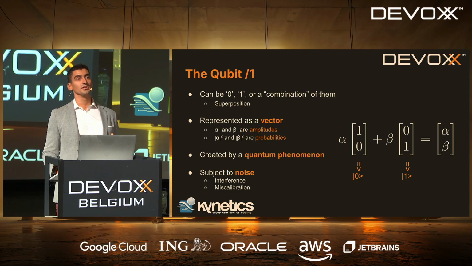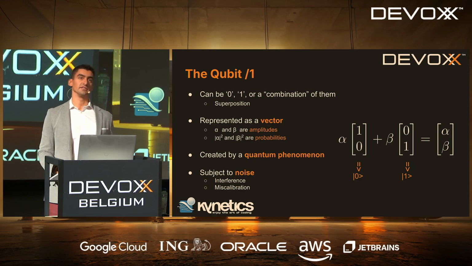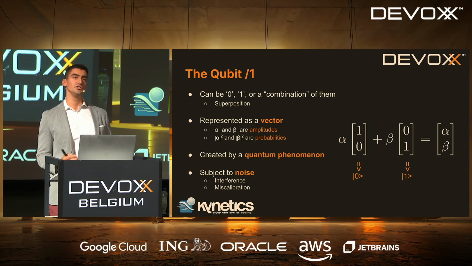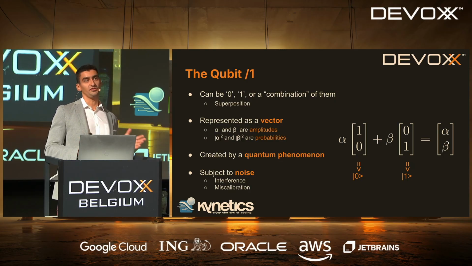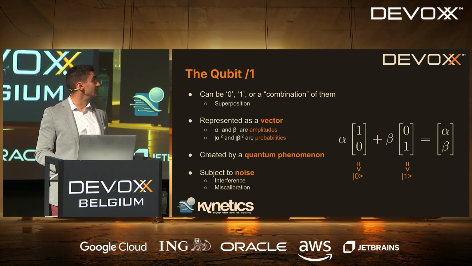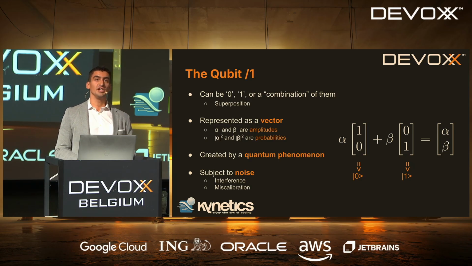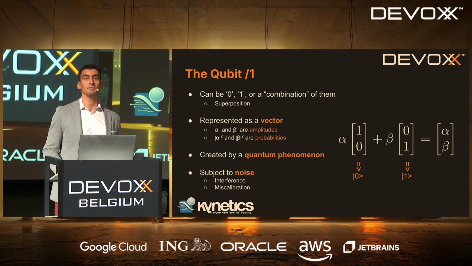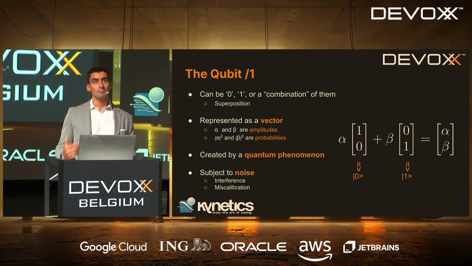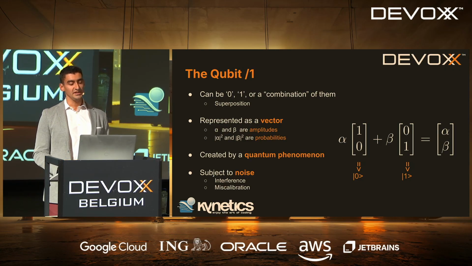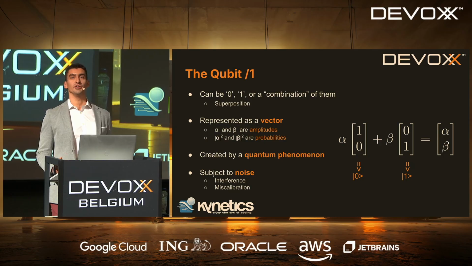But qubits can also be in a superposition state. Now, some people say that this means that the qubit is at the same time 0 and 1, which you can almost see from this part of the equation. This is not really clear to me, because a qubit is also at the same time neither 0 nor 1. A better explanation, I think, is to say that when the qubit is in superposition, we don't know its state.